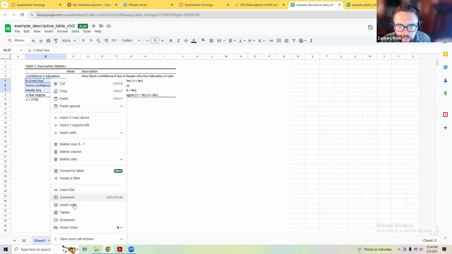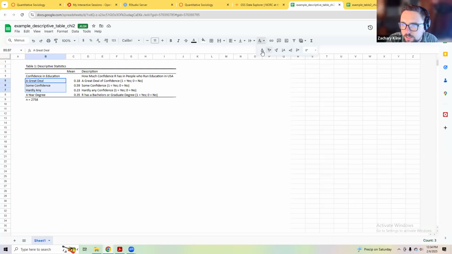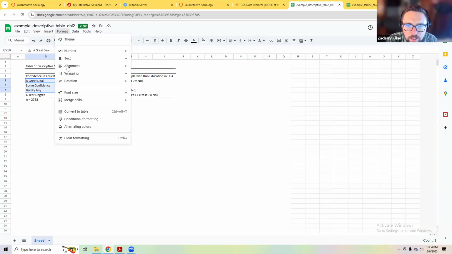Right click. I'm used to working in actual Excel. We'll see if we can find a way. We want to indent it a little bit. Format alignment. No. Usually there's a way to just indent a little bit.